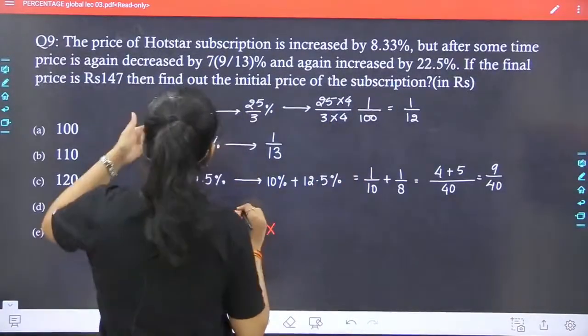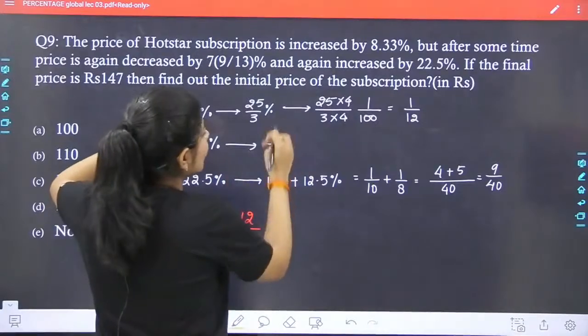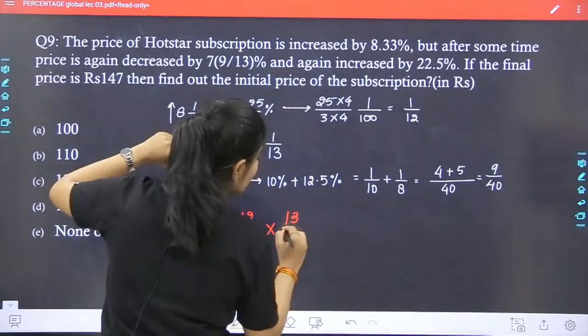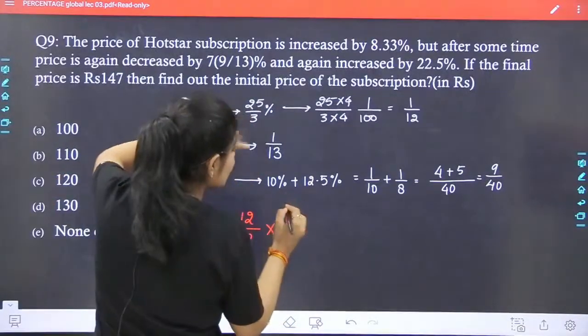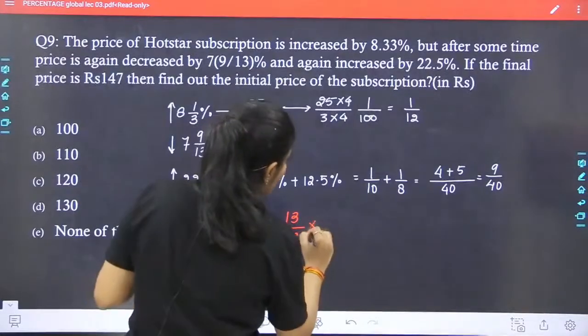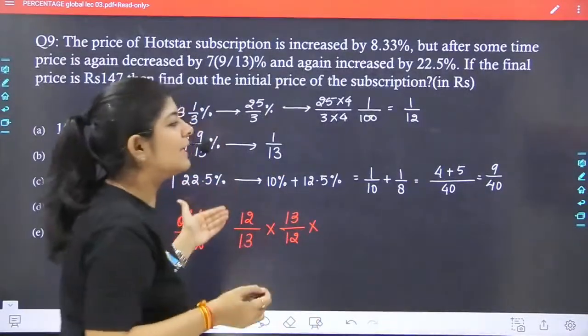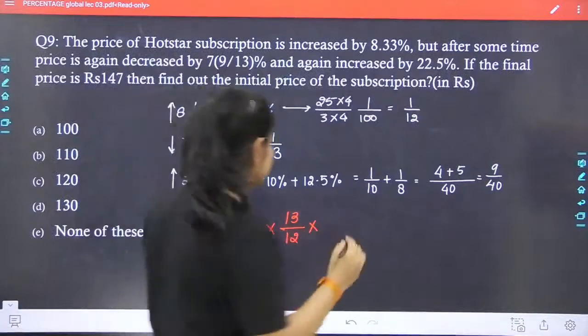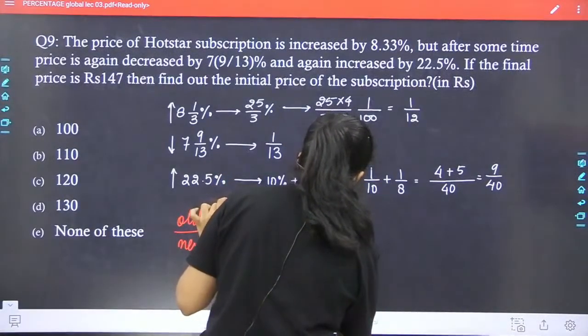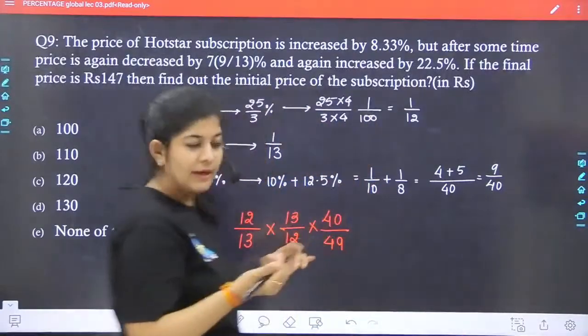Now in the second phase, it is decreased by 1 by 13. So if the original value is 13, it is decreased by 1 and it will become 12, right? Now in the third time, it is increased by 9 by 40. That means if the initial price is equal to 40, it will become 49, right?